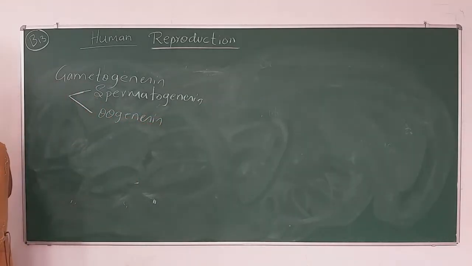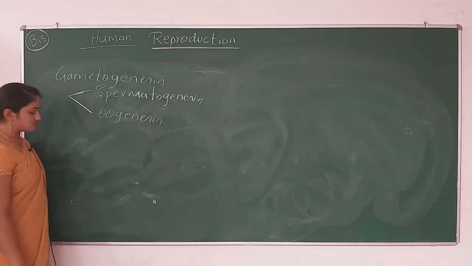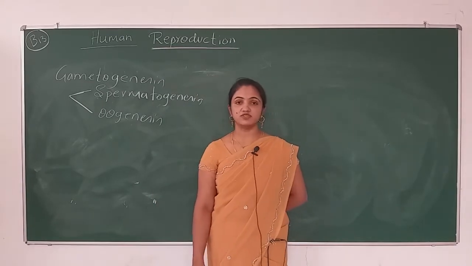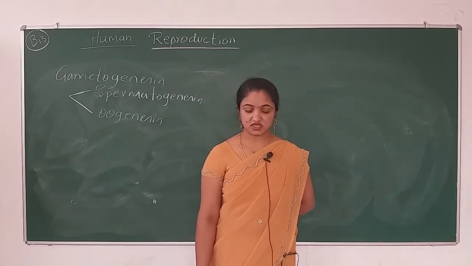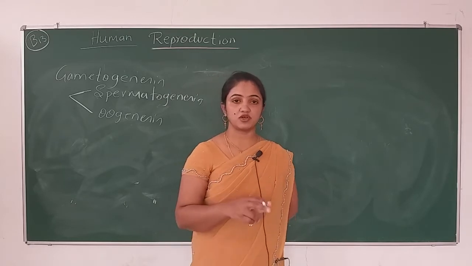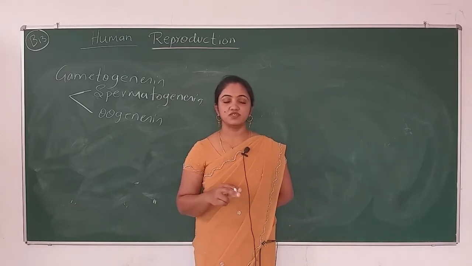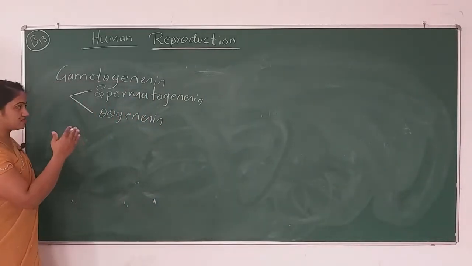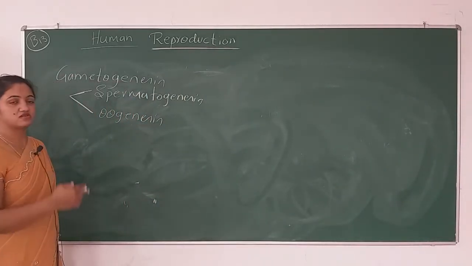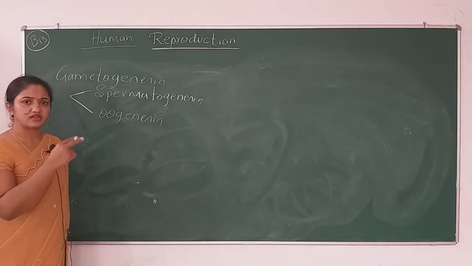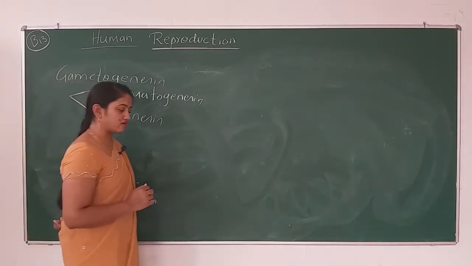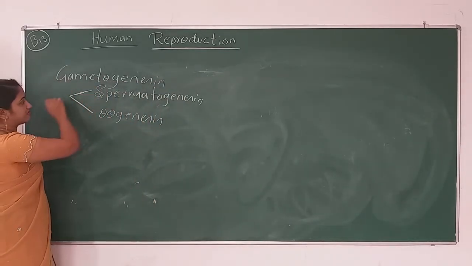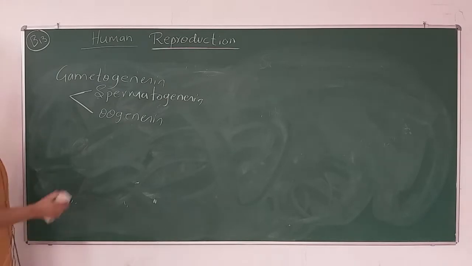We will start with spermatogenesis now. Spermatogenesis is the process of synthesis of sperms in the testis. The testis is the male reproductive organ where sperms are synthesized, and from the testis they are conducted through various parts and released through the urinogenital organ.